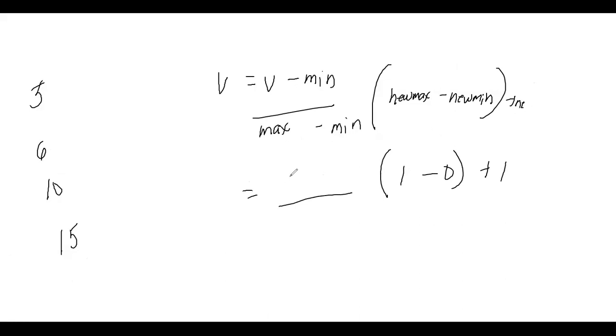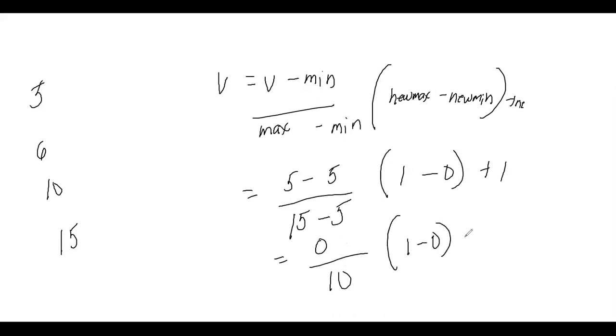What is our first value? We have 5, right? Minus its min. The min is 5. Based on our data set, the minimum value is 5. And then the maximum value is 15, minus 5. Okay, so let's compute. 5 minus 5, class, is equal to 0, right? 0 all over 10, and then 1 minus 0 plus 0. 0 divided by 10 is equal to 0, right?